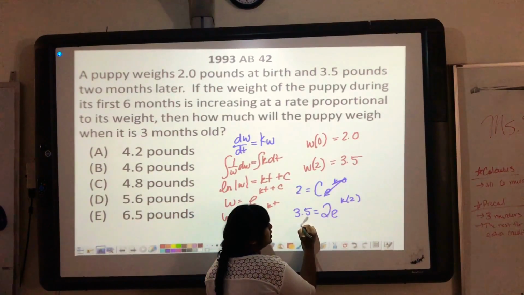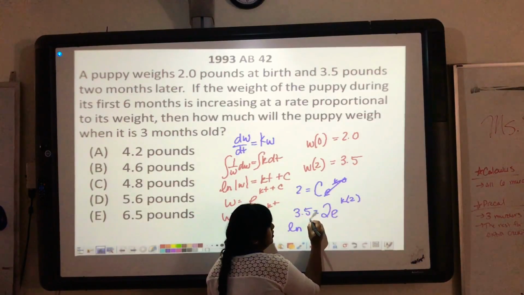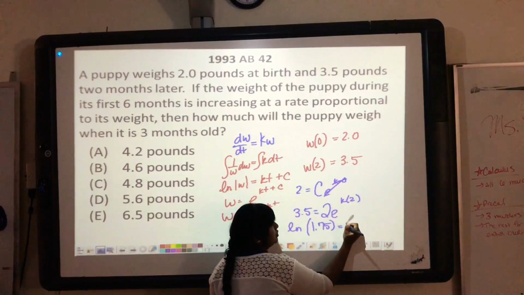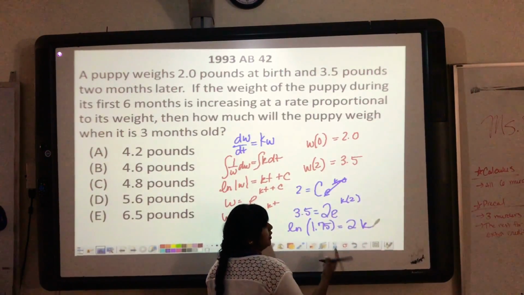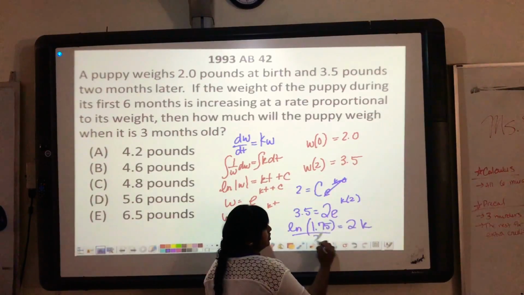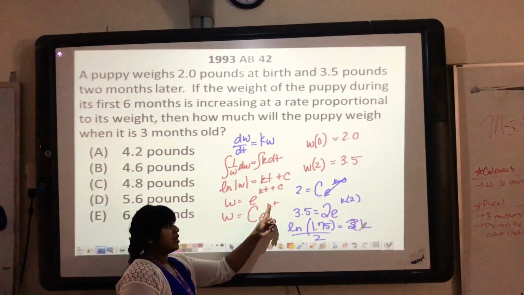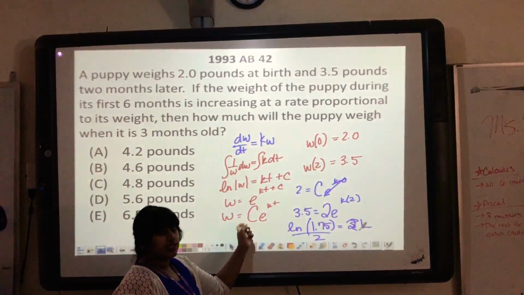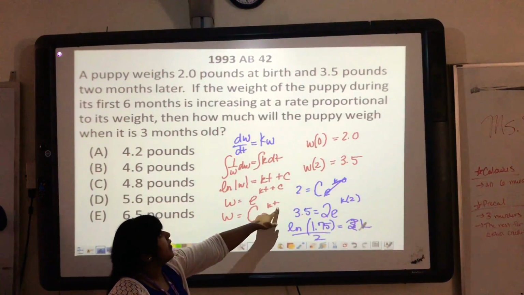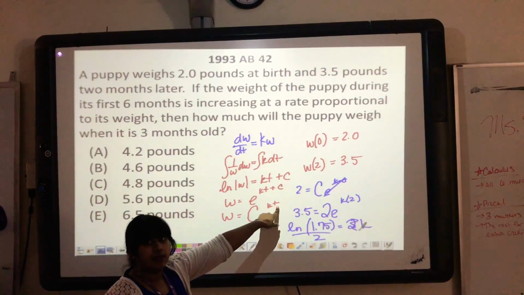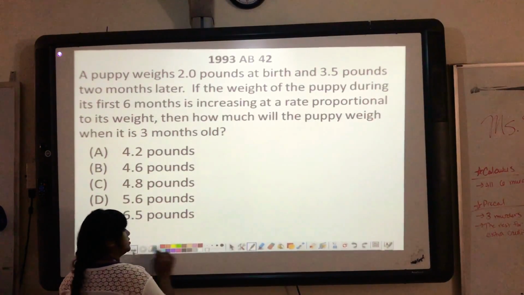So this becomes the ln of 1.75 is equal to 2k, and then I want to divide that out, so k is actually equal to ln of 1.75 over 2. So now I know these two constants, this constant c, this constant k, and if I want to know at 3 months, all I have to do is plug in to my t right here, so let's get another slide.